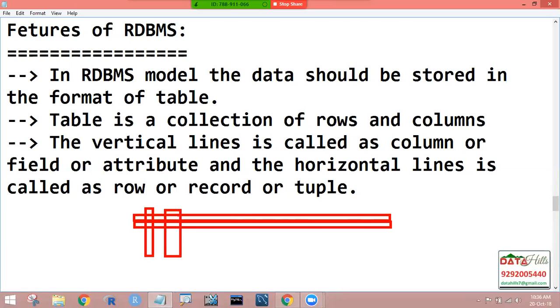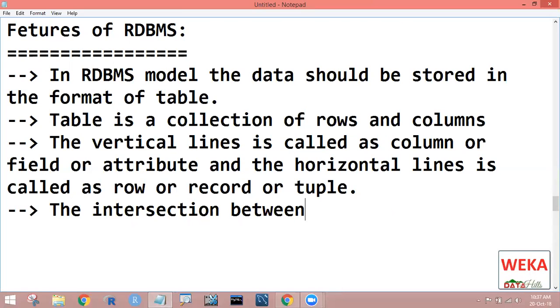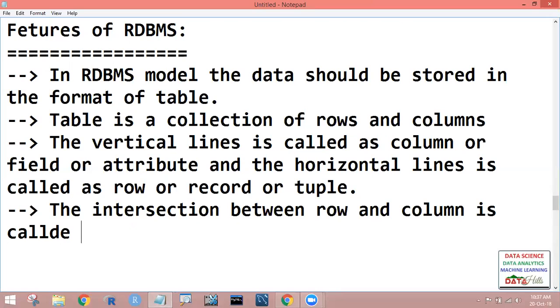The intersection between a row and a column, whatever cell we have, is called a cell, or also called atomic. Whatever the intersection between row and column is, we call it a cell.